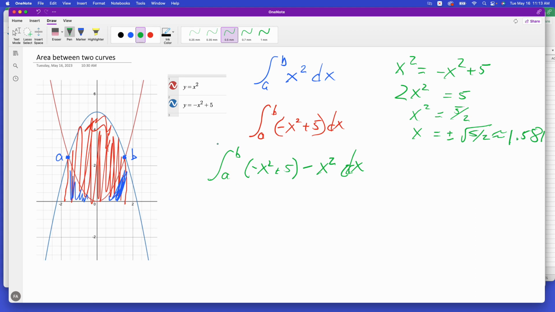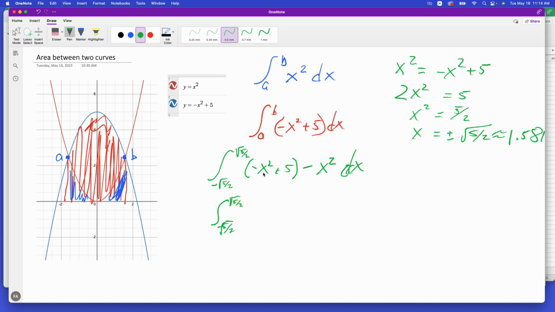So what I would say is just use the exact value. Right here, I would do negative root of 5/2 and positive root of 5/2. It's really not going to make a huge difference when you start evaluating this. So we do this integration from negative square root of 5/2 to positive square root of 5/2.